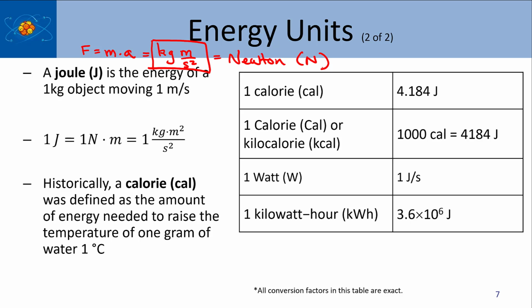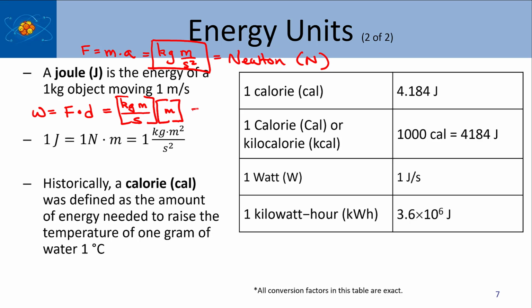So if you take a Newton, and I'm going to give this the term work, W, because this will end up being our work. If we take a force and multiply it times a distance, then the force has a unit of a Newton, which is a kilogram meter per second squared, and the distance would be in meters.